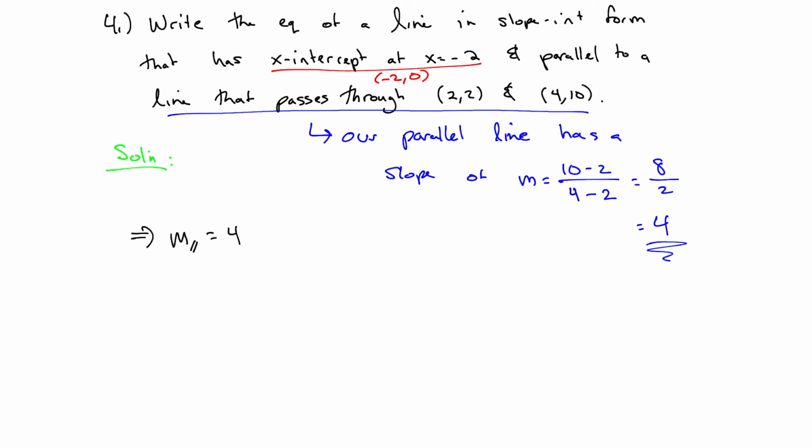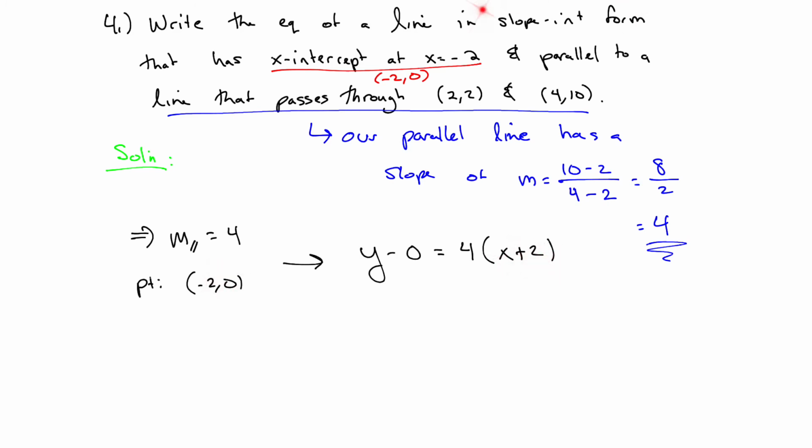Then we also have that point that was given, (-2, 0), because the x-intercept is at x equals -2. That's where it crosses the x-axis. Doing this, we do y minus 0, and you don't even need to write the minus 0 if you don't want to, and then m, which is 4, times x plus 2, because it's minus a -2, since it's x minus x1.